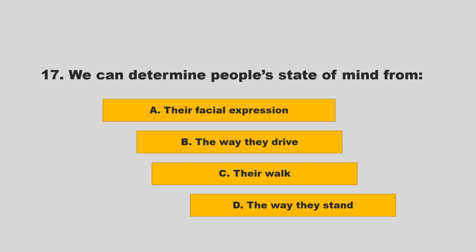We can determine people's state of mind from their facial expression, the way they drive, their walk, the way they stand. If you chose A, their facial expression, you are correct.